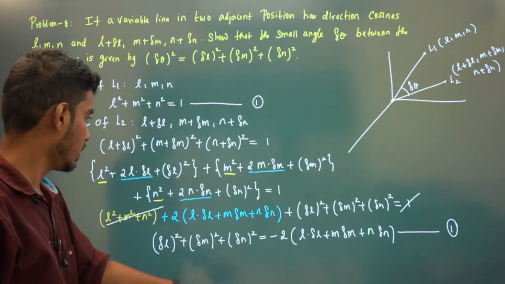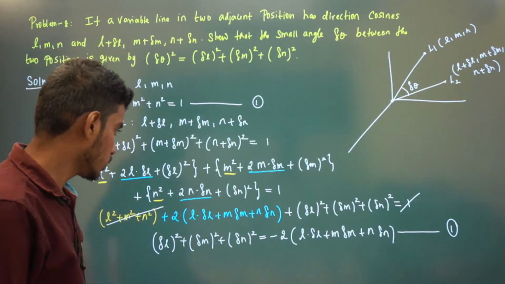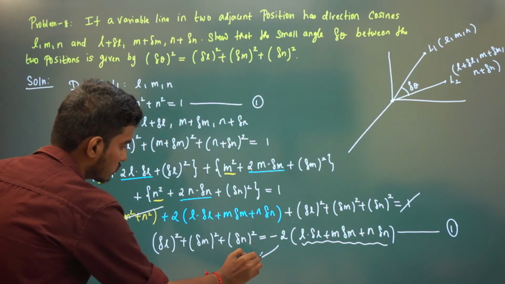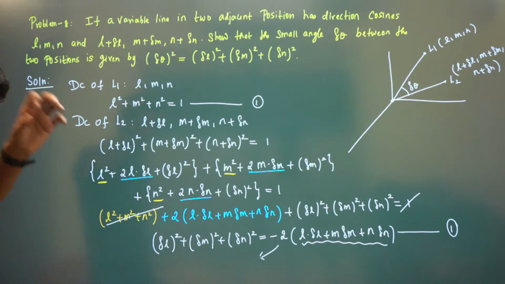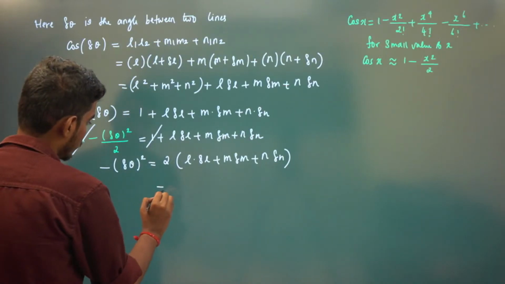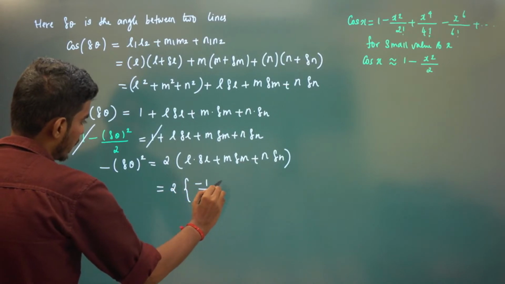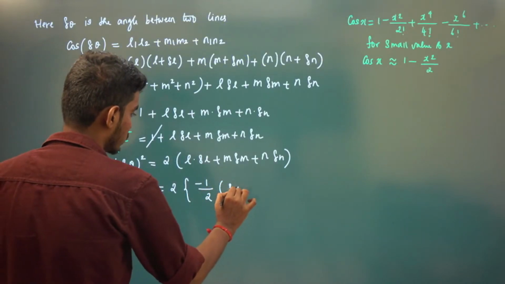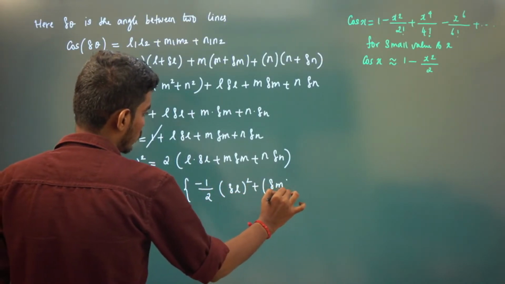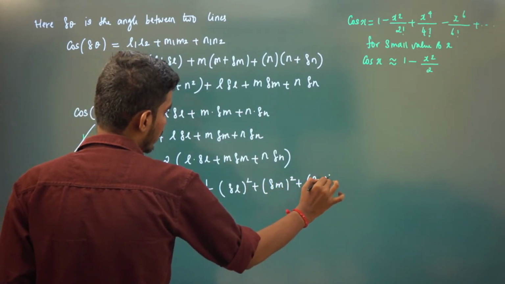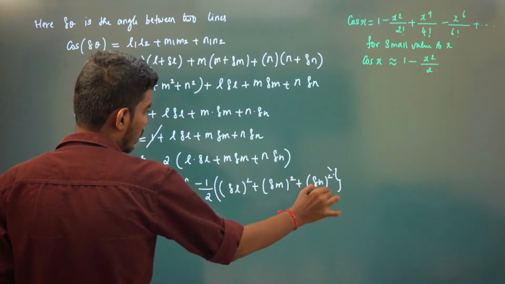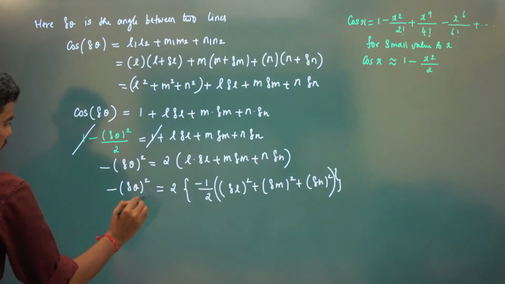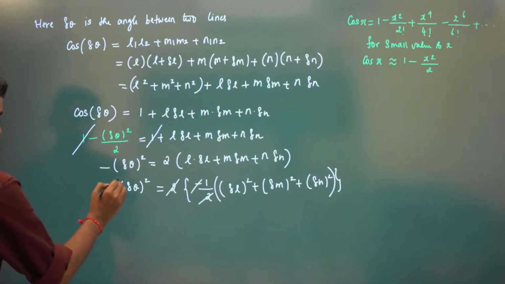We have already found these values, right? So we already know this value, right? L del L. Let us bring this minus 2 here. So we have L del L plus M del M plus N del N equal to 2 times minus 1 by 2 del L whole square plus del M whole square plus del N whole square. This is what we have already found. So here we have minus del theta whole square. 2 will get cancelled, minus minus will get cancelled.